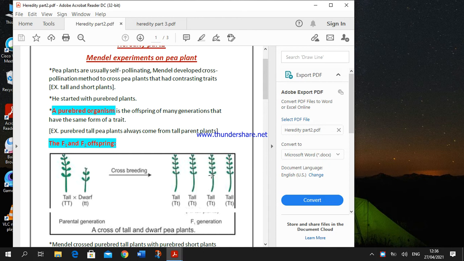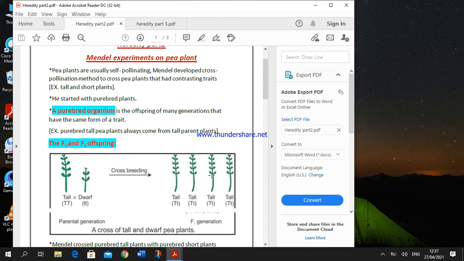Lesson 1 in chapter 3, heredity. In the last recorded session, we talked about the priest Gregor Mendel, who spent 8 years studying the pea plant and how traits pass from one generation to another.